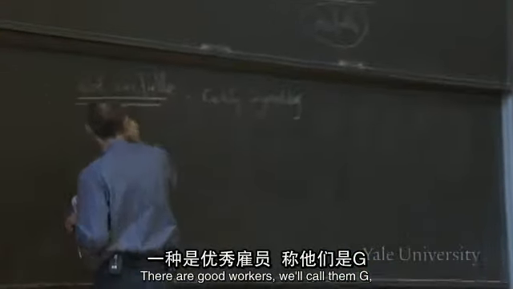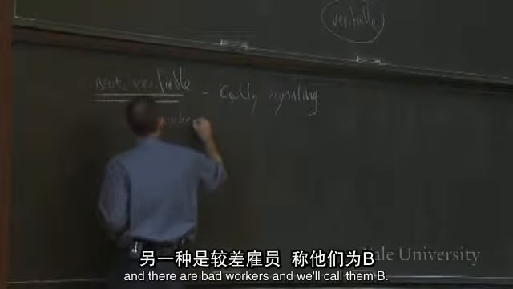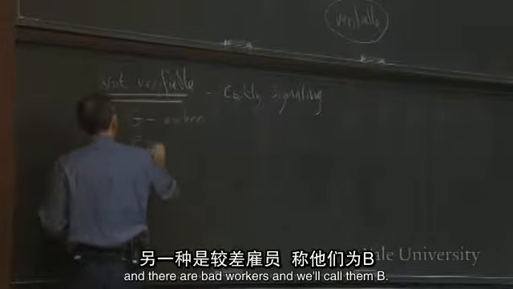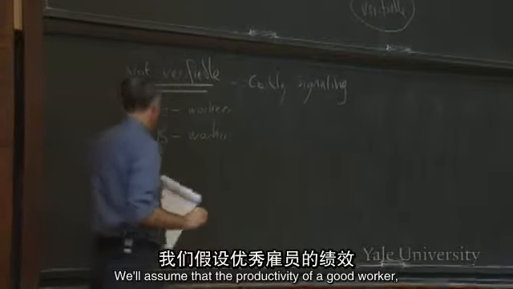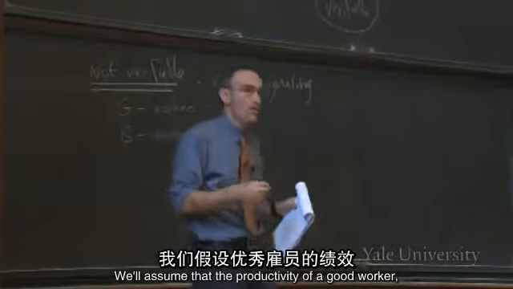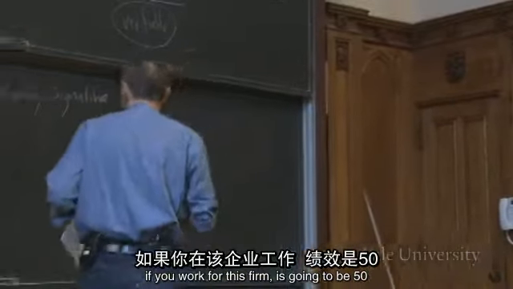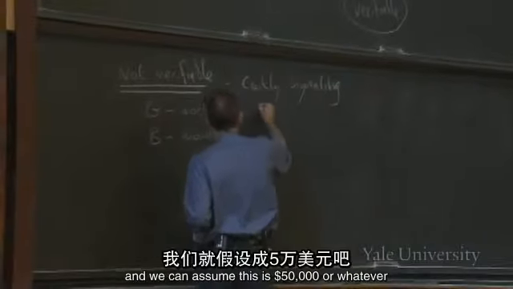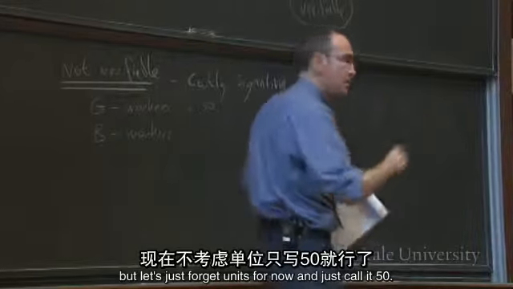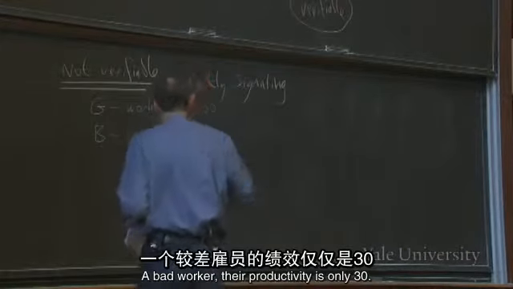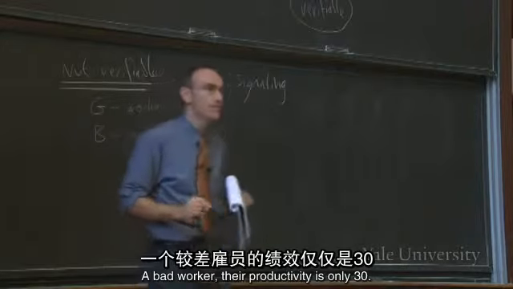There are good workers, we'll call them G, and there are bad workers, and we'll call them B. We'll assume that the productivity of a good worker, if you work for this firm, is going to be 50. We can assume this is $50,000 or whatever, but let's forget units for now and just call it 50. And a bad worker, their productivity is only 30.